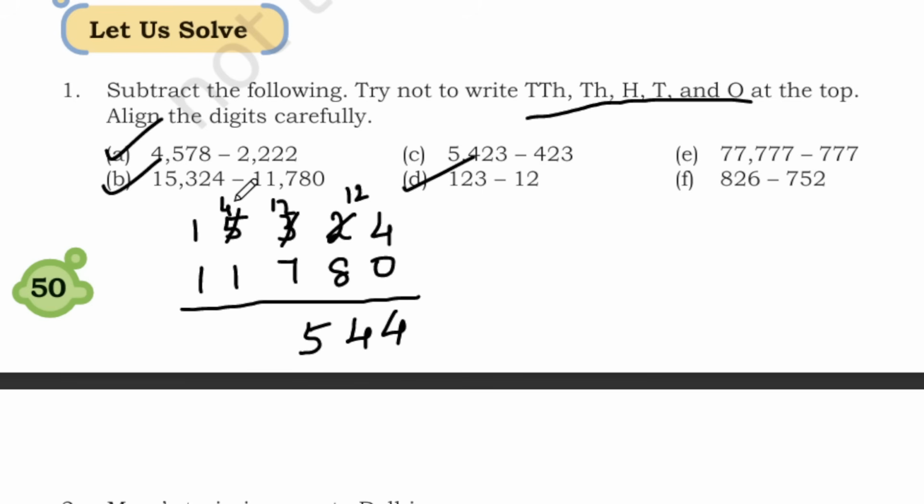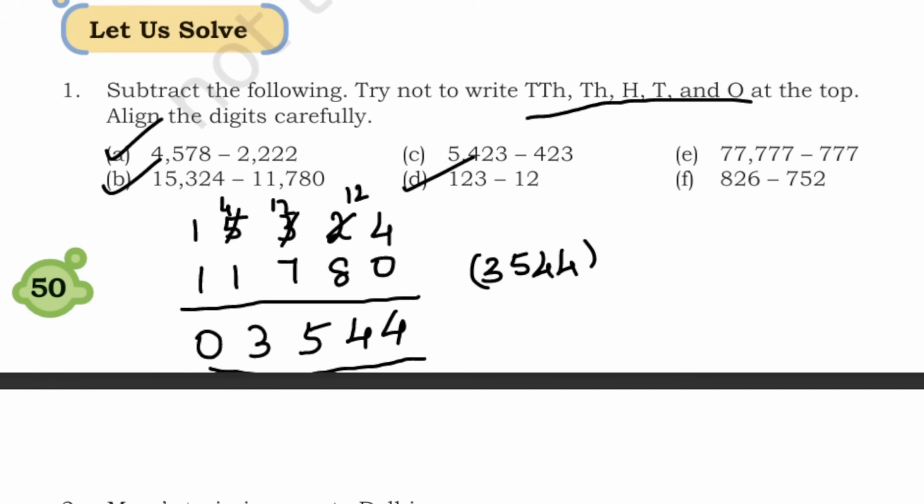Then we have 4 here. 4 minus 1 is 3. And 1 minus 1 is 0. So 3,544.